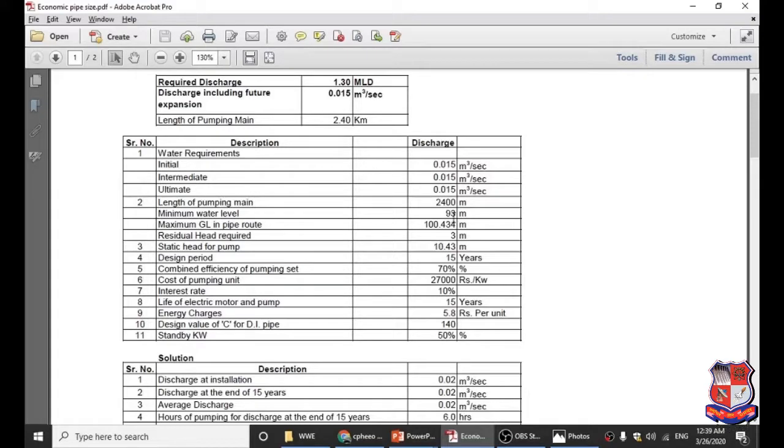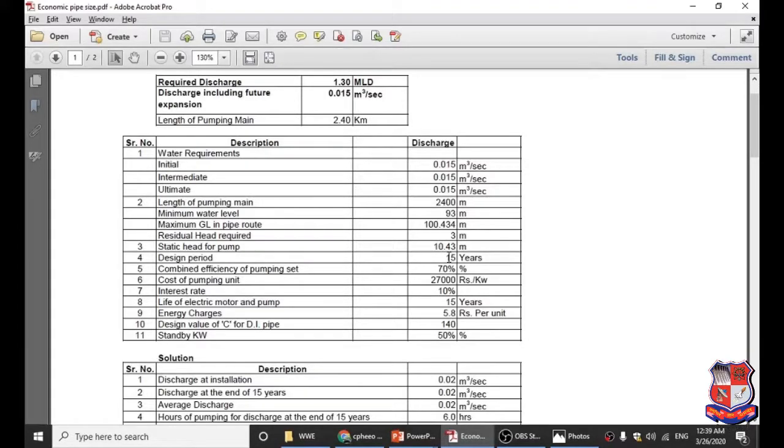Minimum water level at source is 93, and maximum ground level in pipe route is 100. The residual head, this is the head required at the end so that the water can flow, we generally take as 3 meter. Static head is the difference between this maximum GL and minimum water level, so this is 10.43.